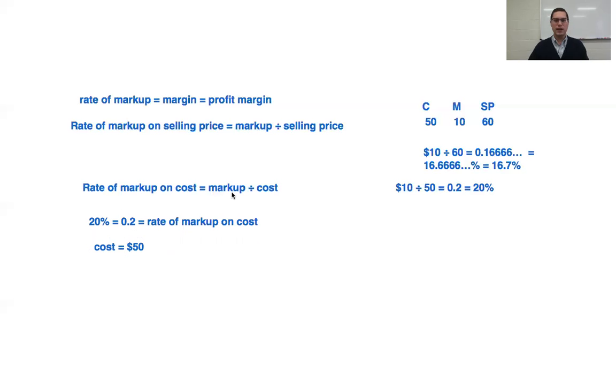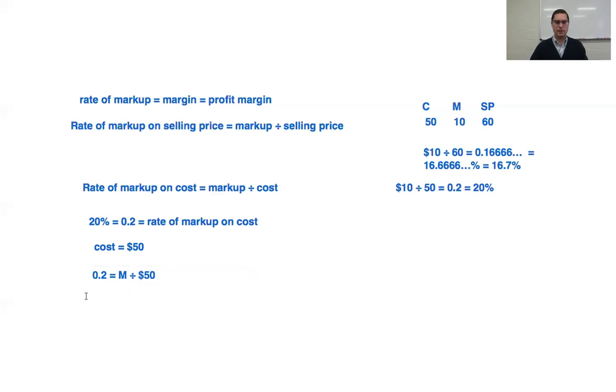What markup are we going to have to put on the cost if we're going to have a rate of markup of 20%? Well, we can just do some algebra. 20% or 0.2 equals markup, we don't know what that is, divided by cost, or in this case, $50. Rearrange the equation. Markup divided by $50 times $50 is going to equal 0.2 times $50.